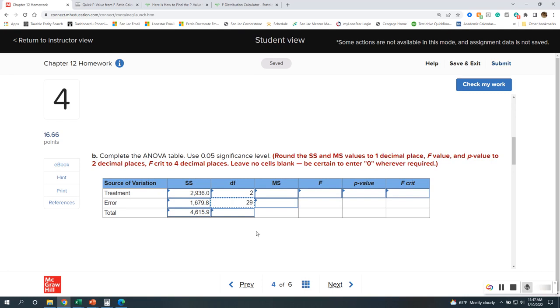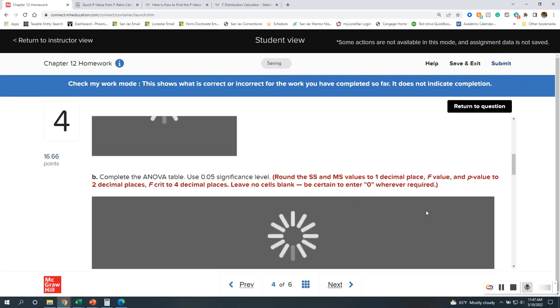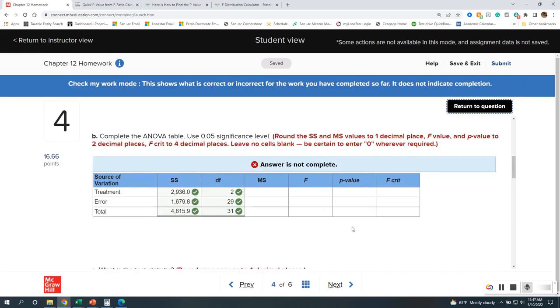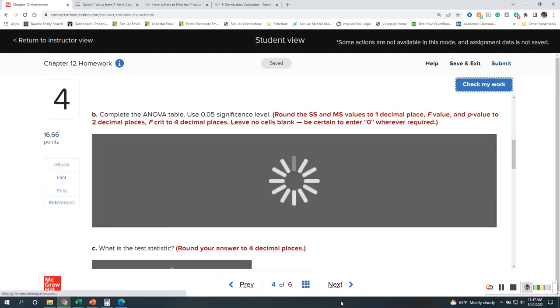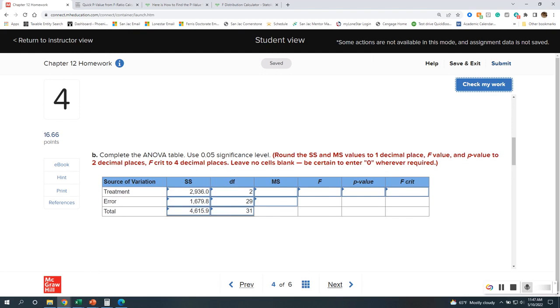So we're left at 29. So 29 plus 2 should be 31. There we go. So there's our degrees of freedom. So we fixed that part of the ANOVA.